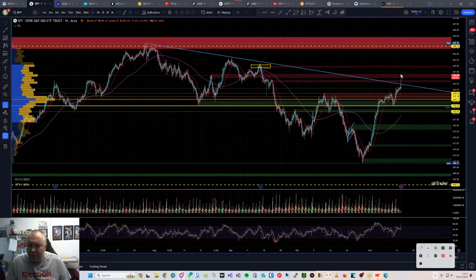So potentially wait for a rejection at 450 or a break and retest of this trend line back down at 440 to 442. Potentially back down here at 440. In fact, you've got all this area, or if it does see weakness, then this entire area is a potential bounce because of the tops of this area here. And I think that's it really for SPY.